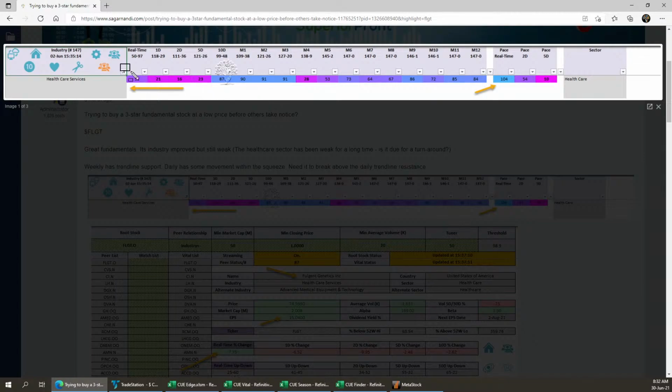The healthcare services industry, FLGT's industry, was still magenta. However, the pace was showing that it was starting to accelerate, improve in score, and I decided to buy some stock in this industry using the industry acceleration.